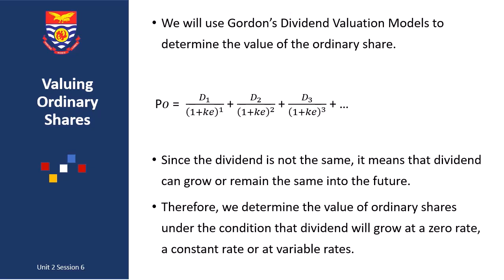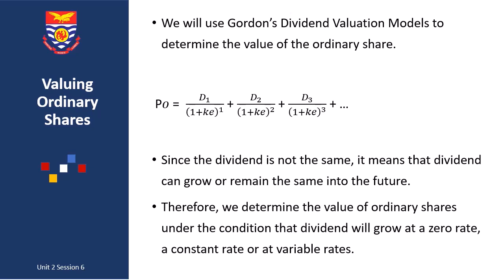D. D stands for dividend. So it follows the same principle as how we did for the bond. You just discount the dividend that is accruing for the various years. Since dividend may not always be the same, unlike bondholders that have a fixed amount of interest.